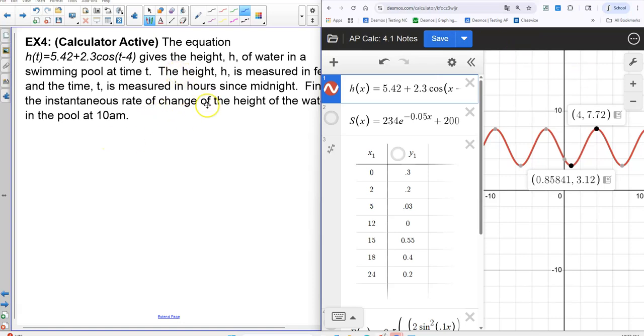Here, the height is measured in feet, and time is measured in hours since midnight. Find the instantaneous rate of change of the height of the water in the pool at 10 a.m. Okay, so what is this question asking us to find?